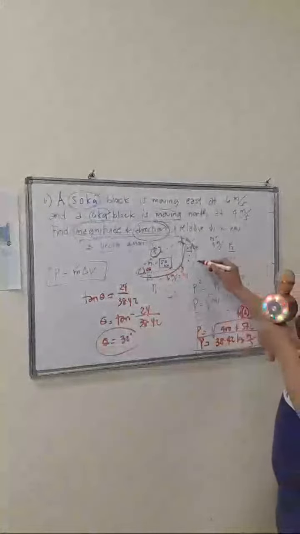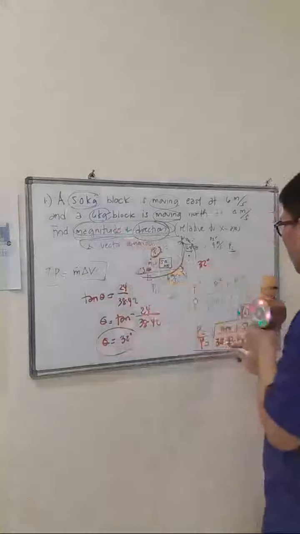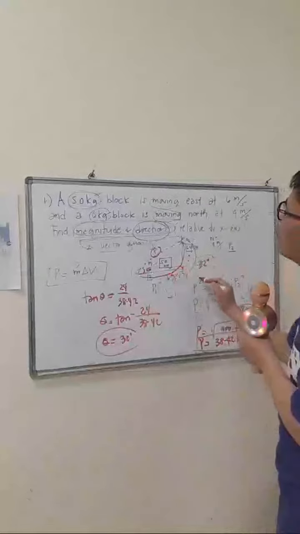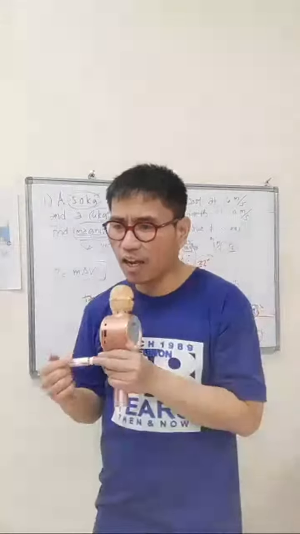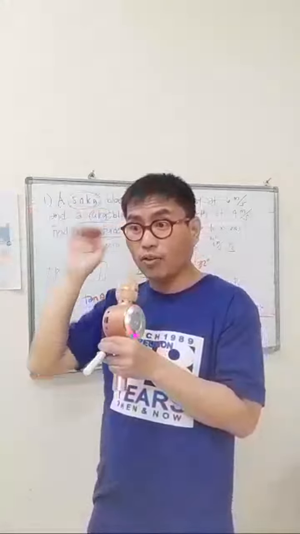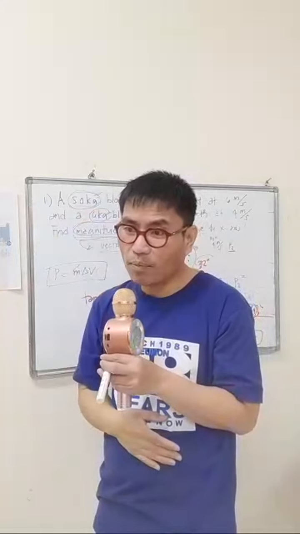Or we say 32 degrees. The magnitude is 38.42 at 32 degrees east of north. If the choices are northeast, it can be confusing. Northeast is not the same as east of north. And there's no east-north; that's wrong grammar.